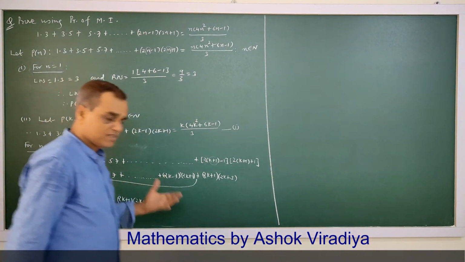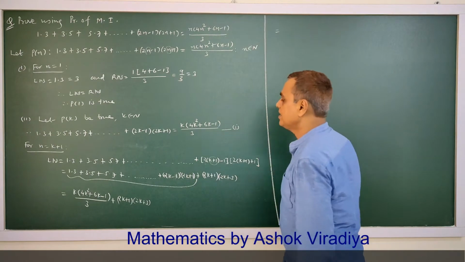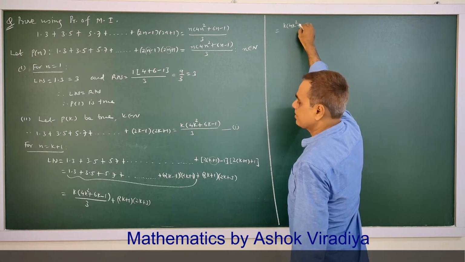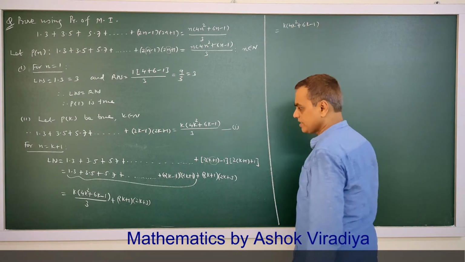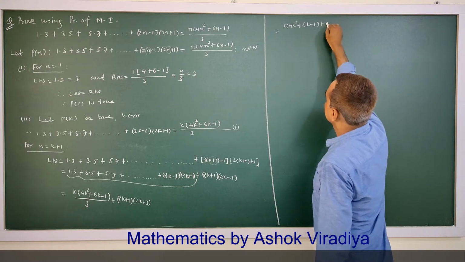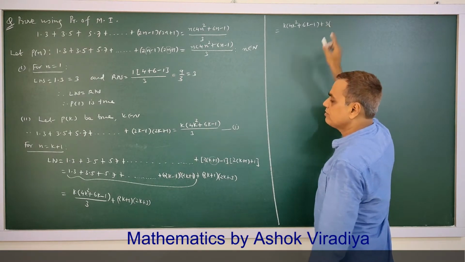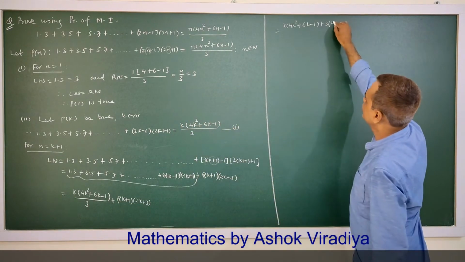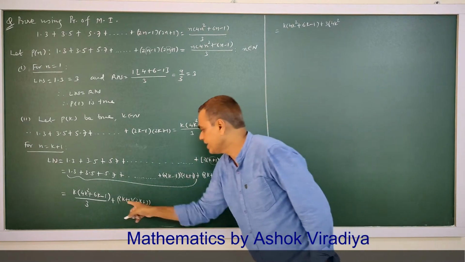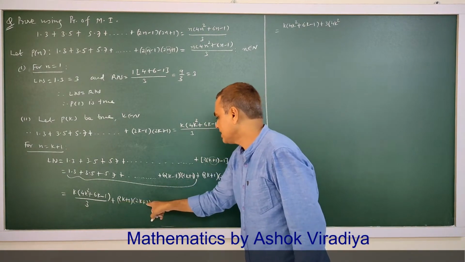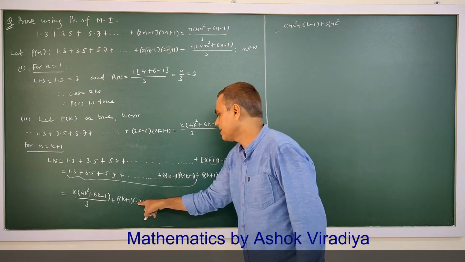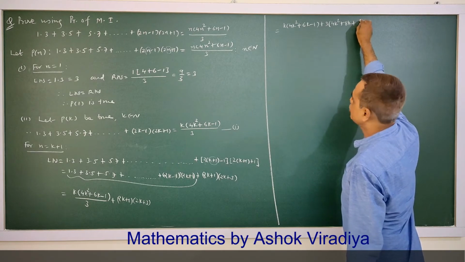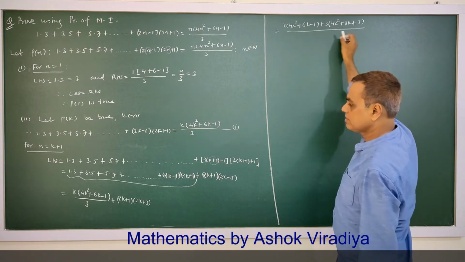Now we simplify this. Simplifying, it is equal to k into (4k square plus 6k minus 1) plus 3 into the product (2k plus 1)(2k plus 3): 2k into 2k is 4k square, plus 6k plus 2k, that is 8k, plus 3 into 1 is 3, all upon 3.